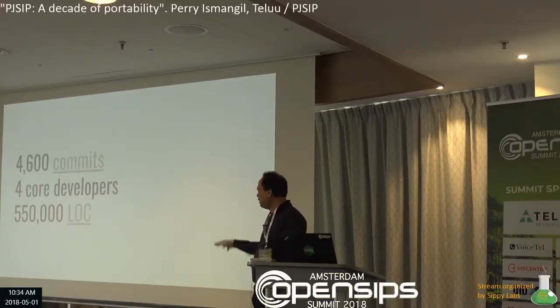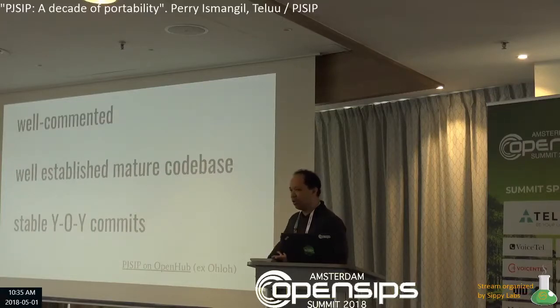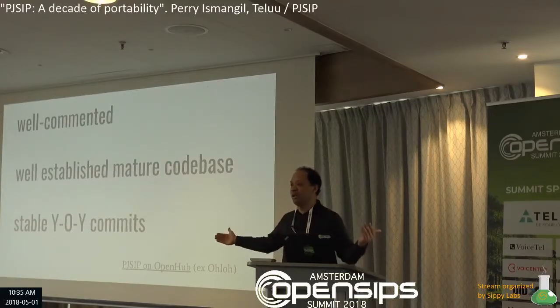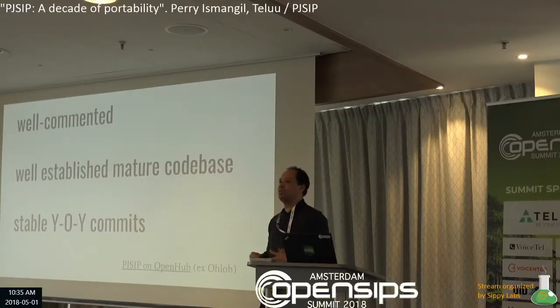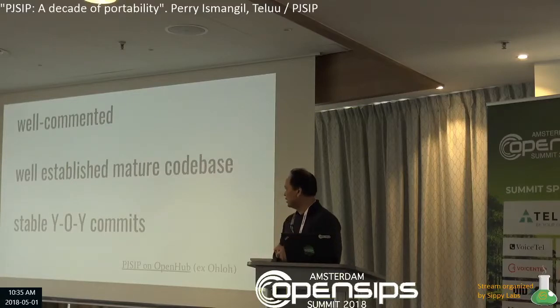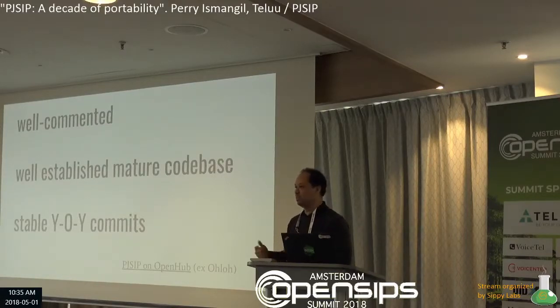There's about 550,000 lines of code, and it has been evaluated by Ohloh, and now OpenHub, as well commented and mature, because it's been a long time, and we're still going. The first commit was around 2006, when we published it to the world, so that's about 12 years. Stable year-on-year commits means we keep developing it. It's still in heavy development, with regular releases coming up.